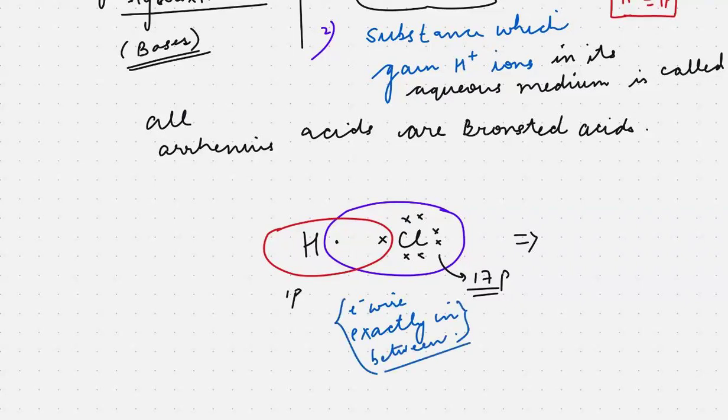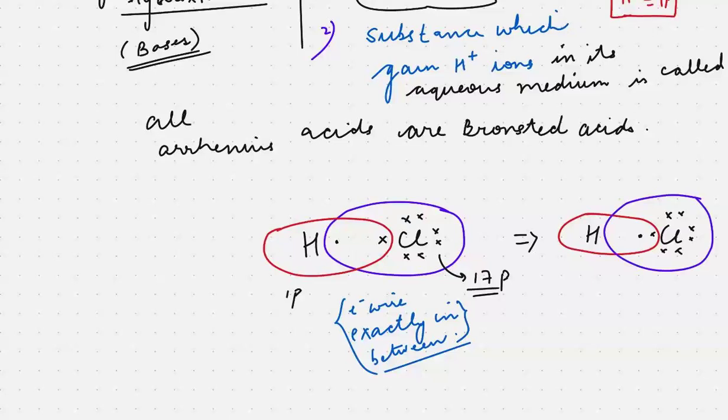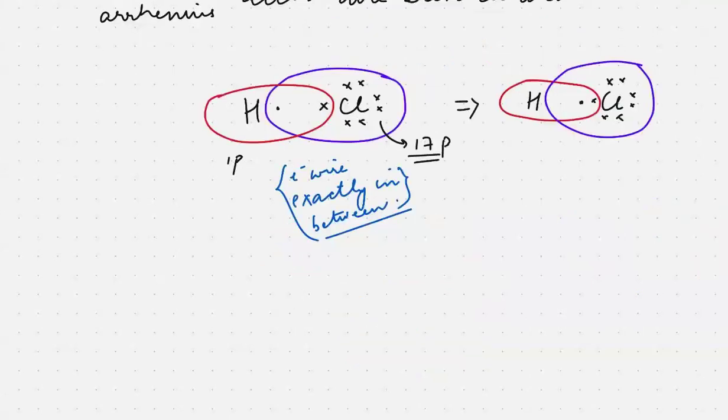But the moment the bond is formed and becomes stable, the chlorine's 17 protons pull the electrons towards themselves. Got the point?